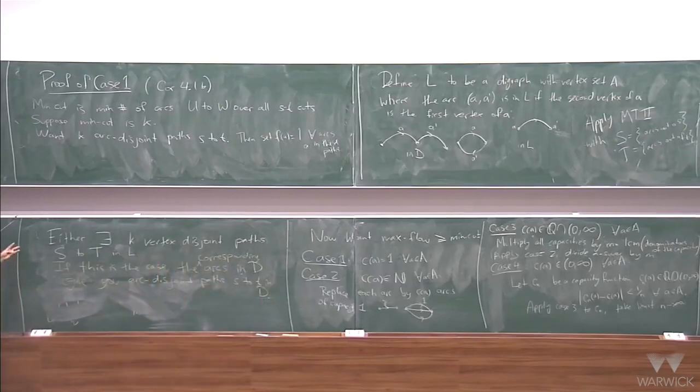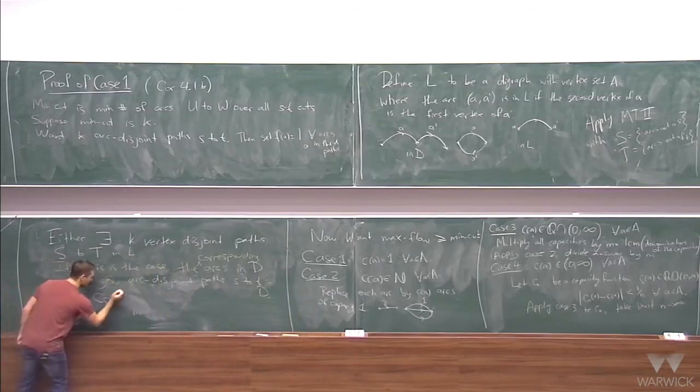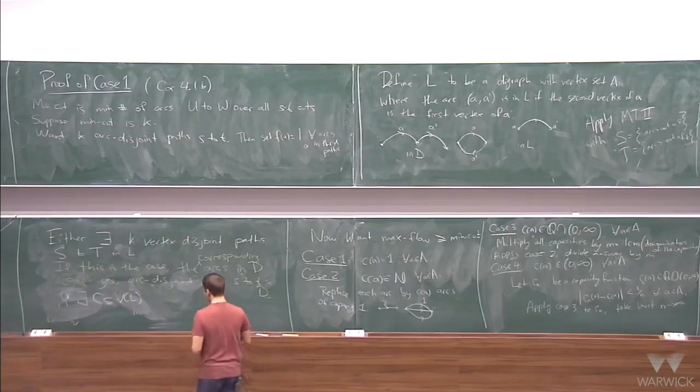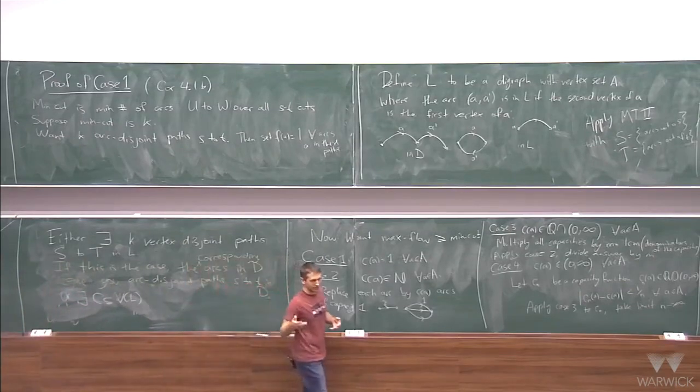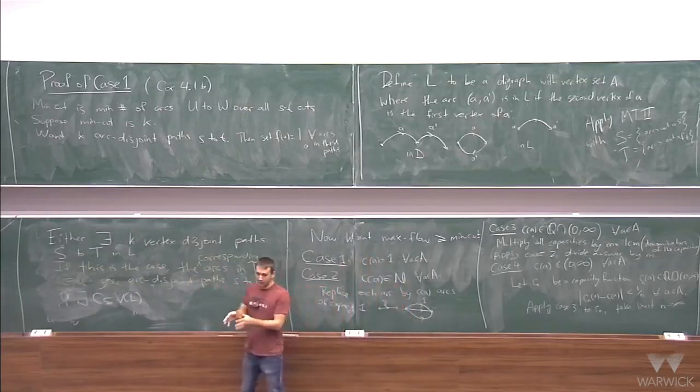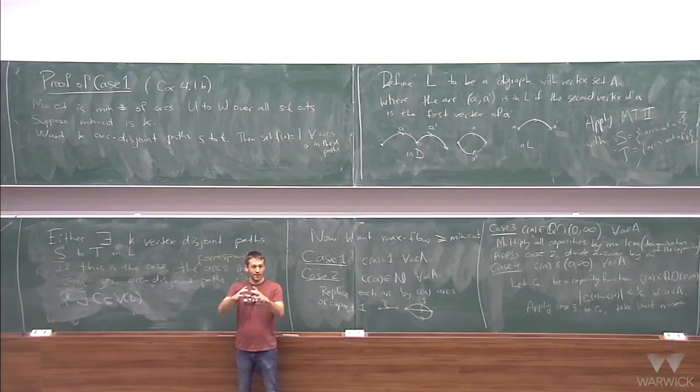We assume that this isn't the case, because if it was, we would be done. So we assume that there exists a set of vertices in L which separates S from T. This is in the notes if you want to look at it, but basically Menger's theorem will give us a vertex cut which is small, with at most k-1 elements.